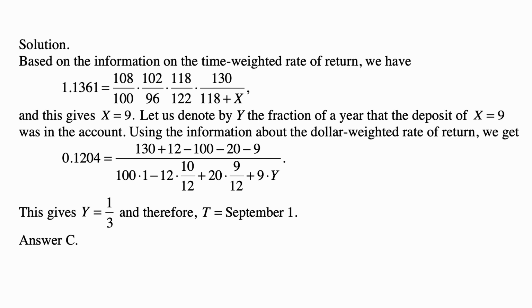And here's the solution. Based on the information on the time-weighted rate of return, we have 1 plus the time-weighted rate of return over the whole year is equal to a product of accumulation factors over all periods without any contributions or withdrawals.